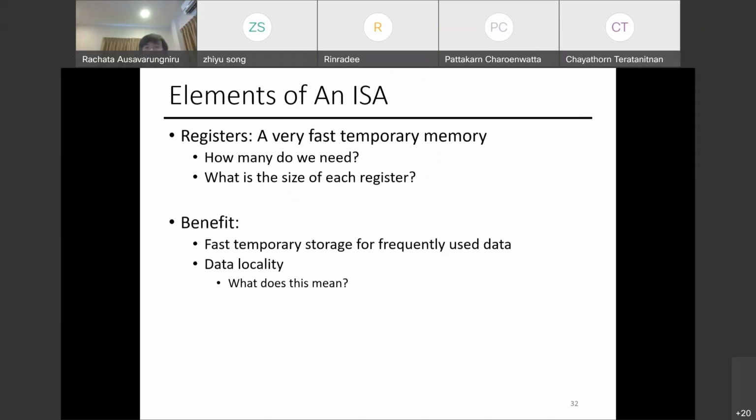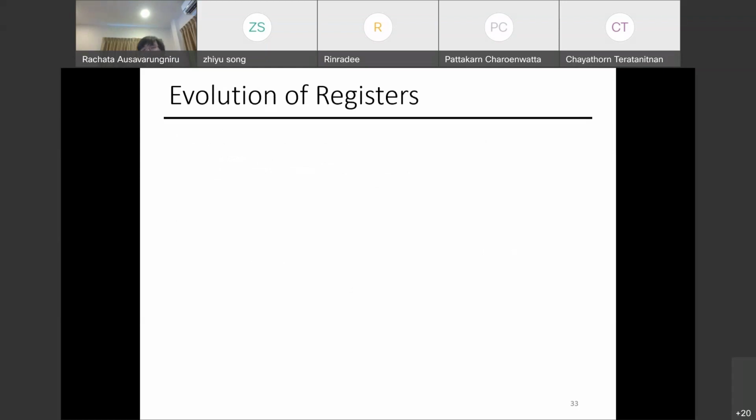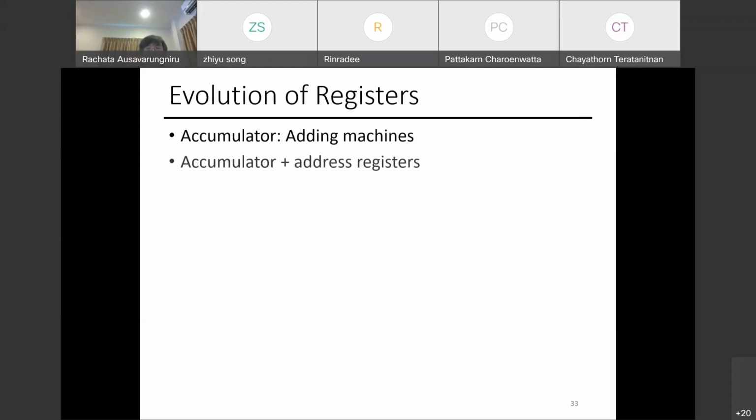The benefit of registers is that they're really fast, right? So if you have more, you can store a lot of temporary data on the CPU, and that's fast. But then it also takes room on the CPU. And registers have evolved as well, right? If you look at x86, there's RAX, RBX, RCX, and RDX. You might be curious, some of these used to be the accumulator.